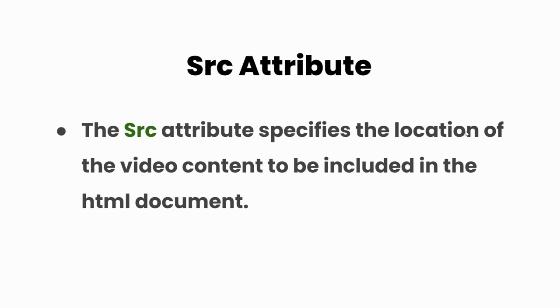So you can see that some specific tags have similar attributes, and that attribute in both tags still works the same way. In the image tag that we saw yesterday, the source attribute specifies the location of the image, and in today's class, the source attribute also specifies the location of the video. That's basically the function of the source attribute within the video element.